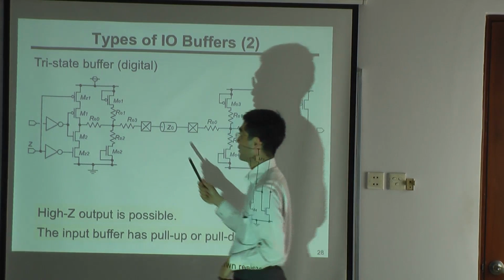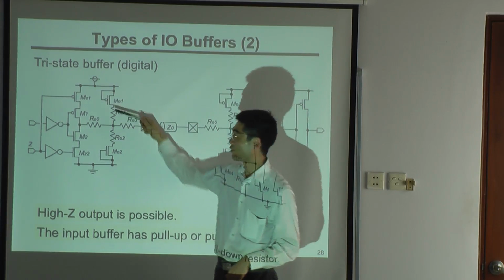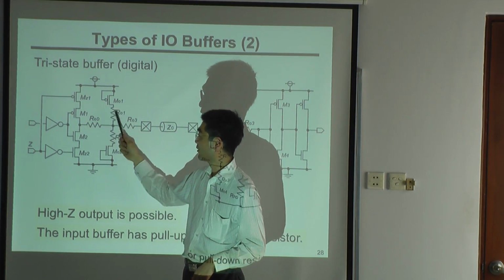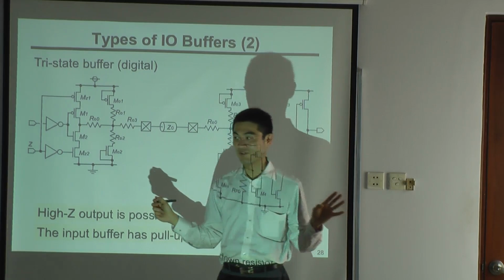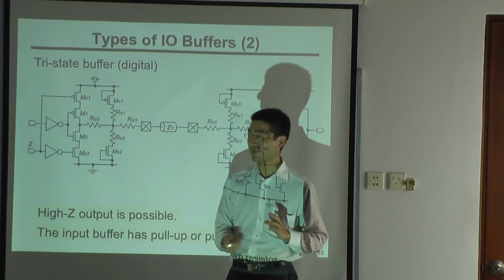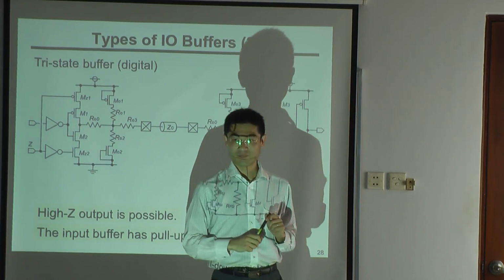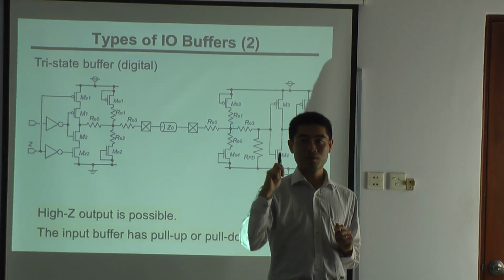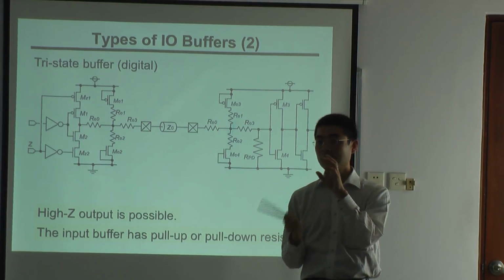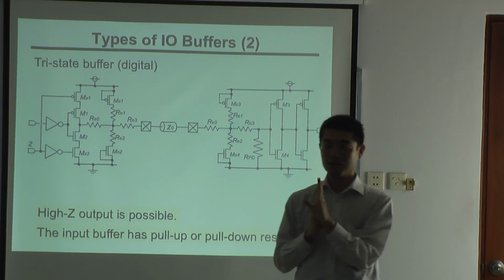So when you put this kind of ESD protection circuit, let's say there's no resistance. First we ignore resistance. When we ignore resistance, the ESD protection circuit works as capacitance. So when you put L and the parasitic capacitance, the L and C resonance frequency is matched with the target frequency.